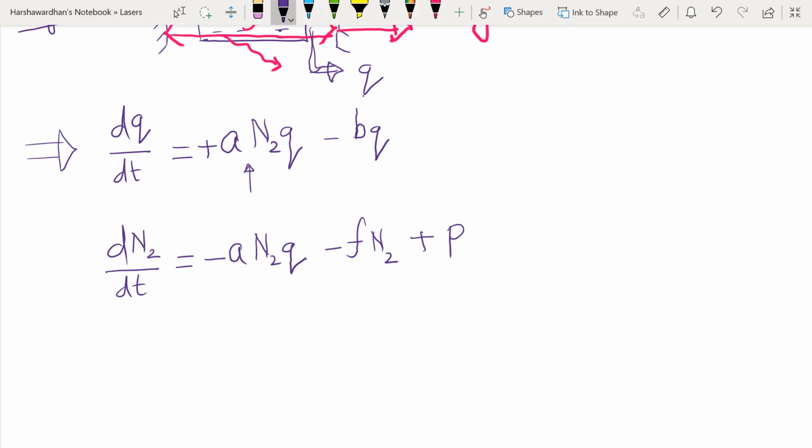So if you look at this equation carefully, you would see that the first term is arising due to loss of atoms in the excited state due to stimulated emission. The second term is arising due to loss of atoms in the excited state due to spontaneous emission.